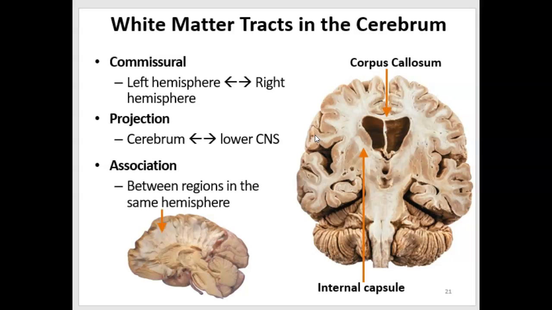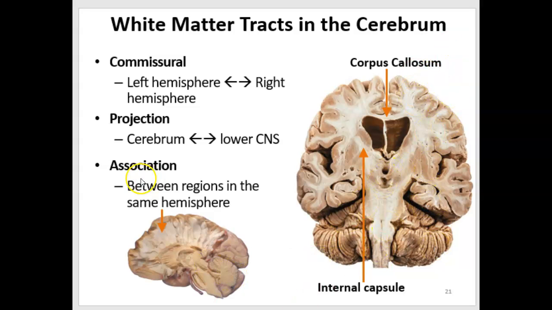So superior to inferior, back and forth. An example that you can see that I've shown you here is the internal capsule. The orange arrow points to it, but I can kind of outline it on the other side over here. That's called the internal capsule. You don't have to know what it carries. Just information going up and down.